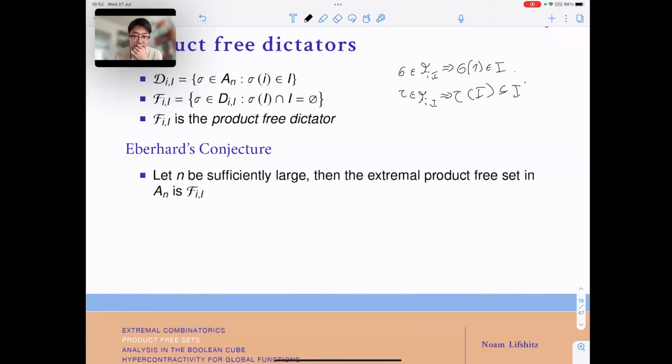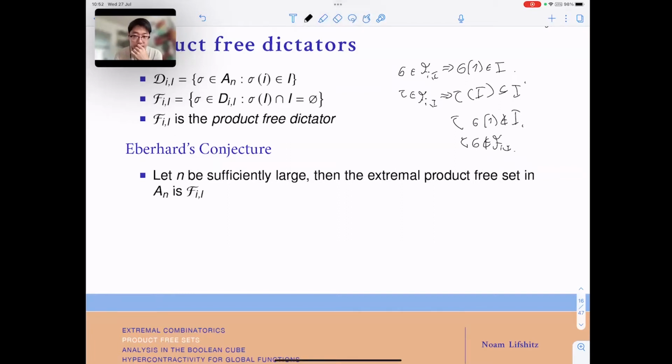And therefore, if we take tau sigma of 1, this is not going to be in I. So this means that tau sigma is not in F_{1,I}. Okay, so this set is indeed product free.